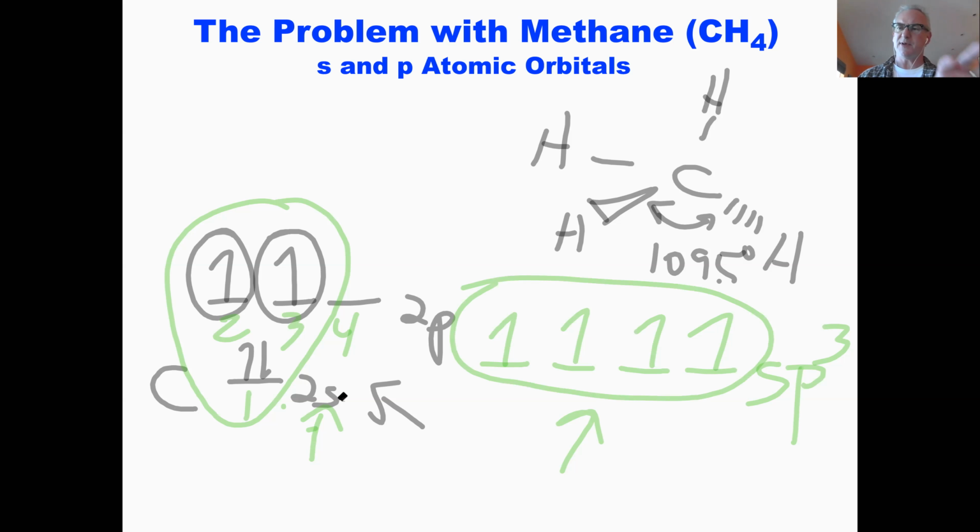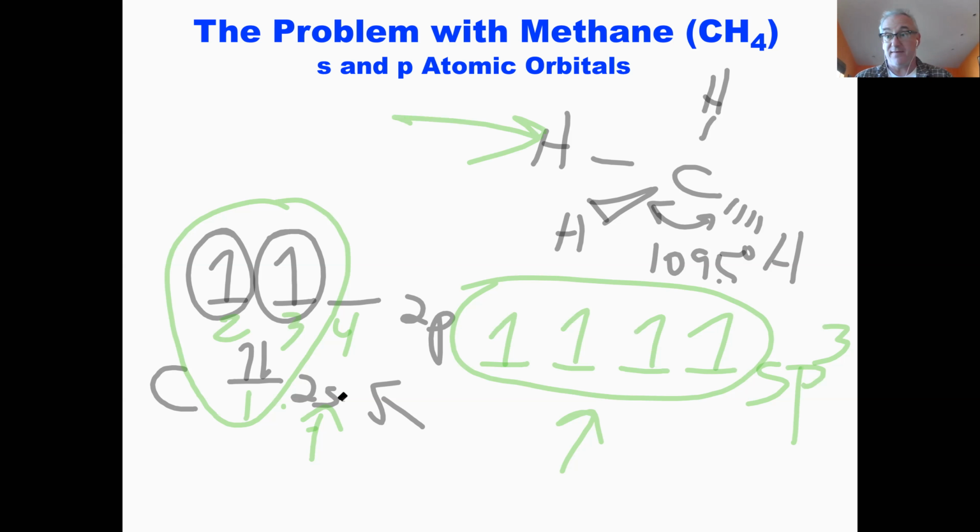Does anyone have any questions about this so far? It's clear that the geometry of the atomic orbitals cannot match the actual shape we know for methane, because we know the actual shape perfectly. Experimentally, we have looked at the shape of methane, and it looks like that, and those are the bond angles.